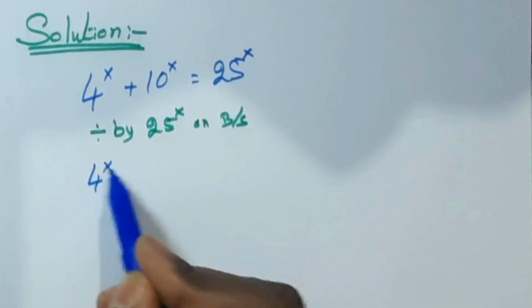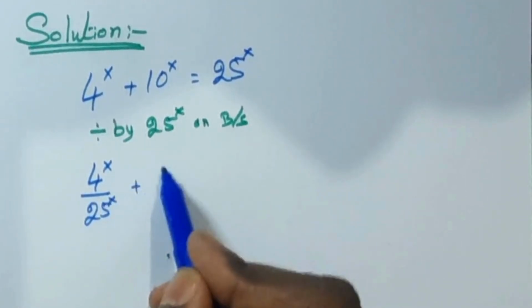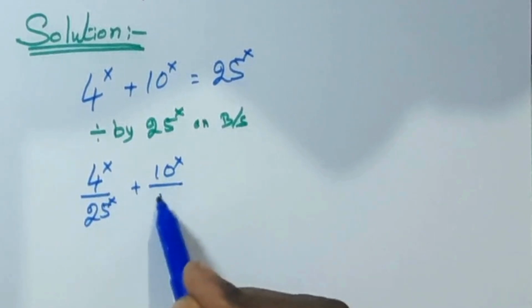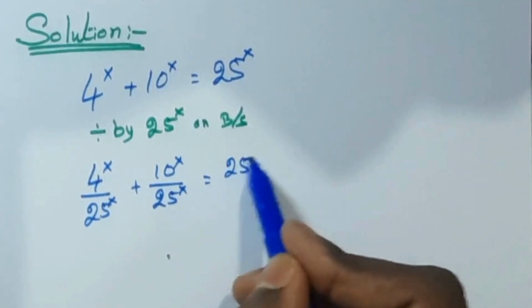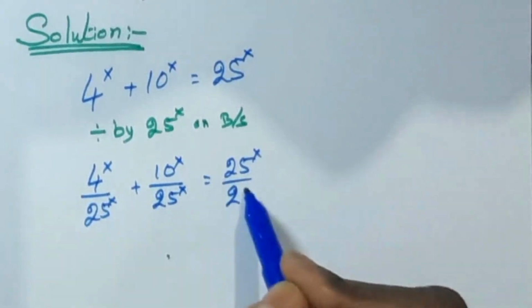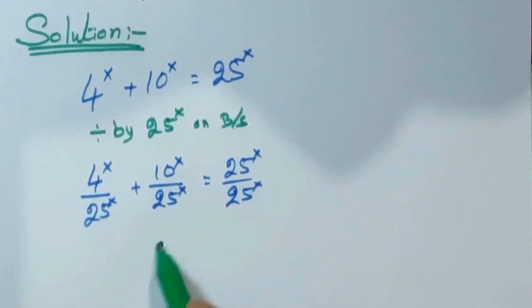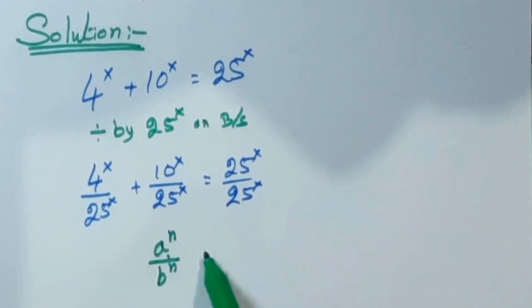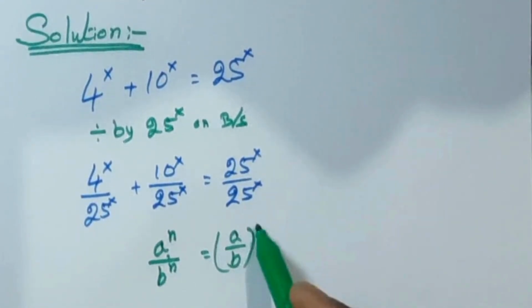4 to the power of x by 25 to the power of x plus 10 to the power of x by 25 to the power of x equal to 25 to the power of x by 25 to the power of x. We are going to use the formula that a to the power of n by b to the power of n equal to a by b whole power n.